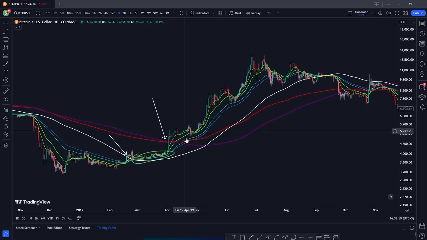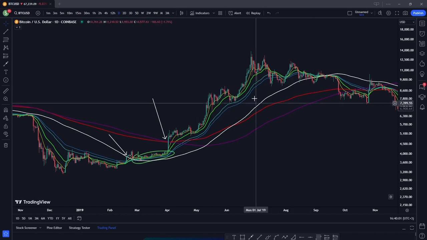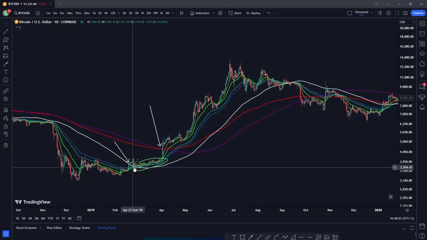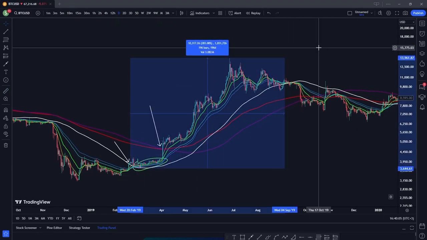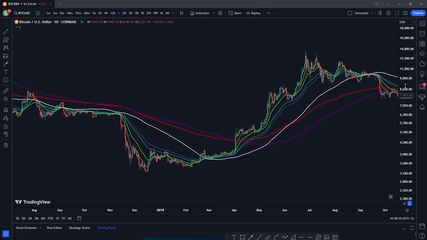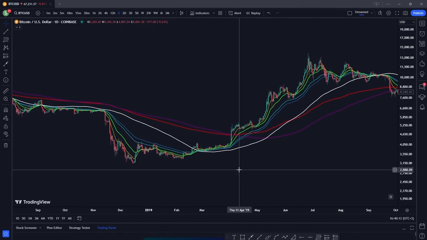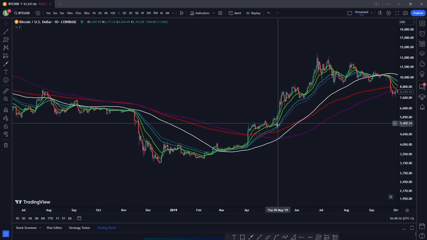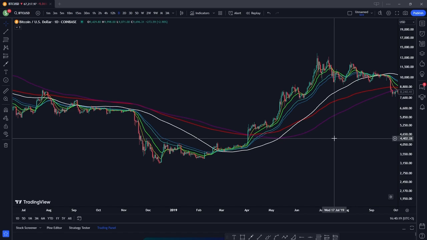The moving averages start to spread around, and the bull market starts. And I chose this example of 2019 because, as I said, it's one of the most beautiful apexes you can find out there, but there are many more.